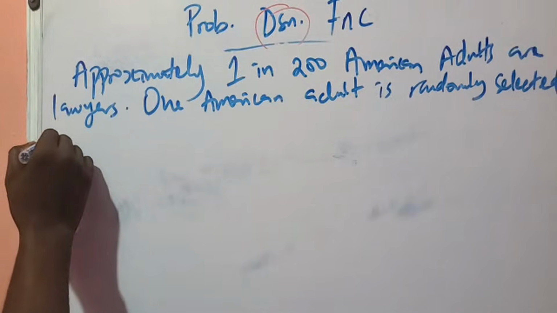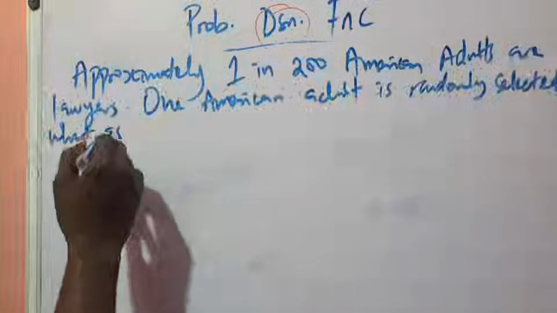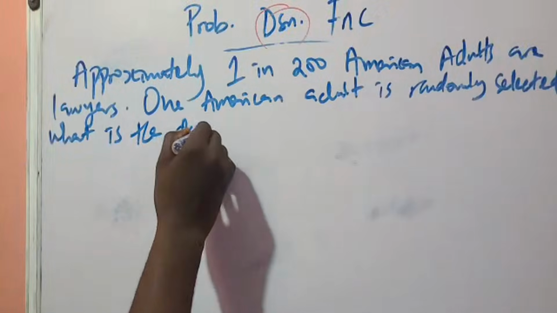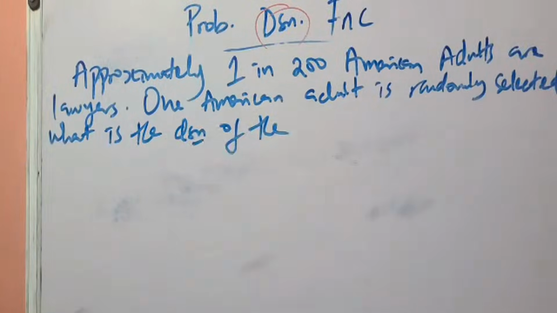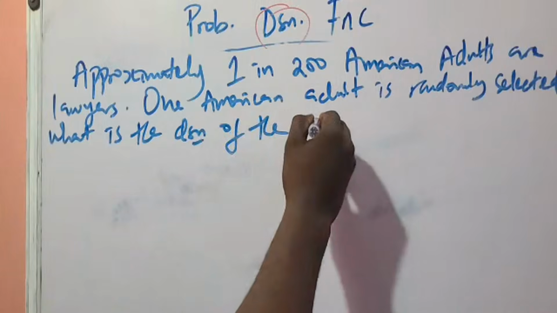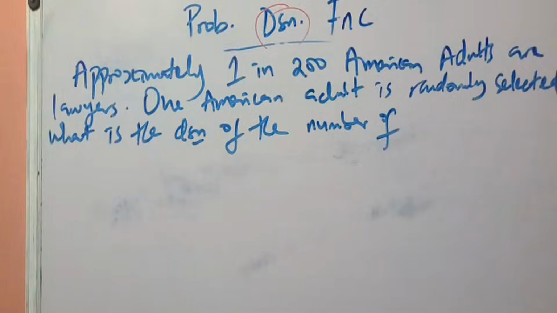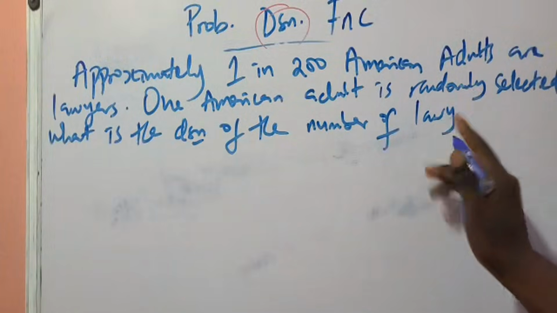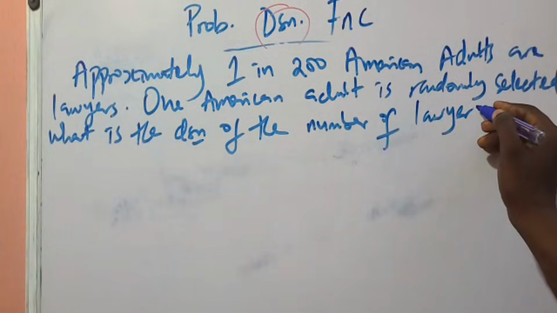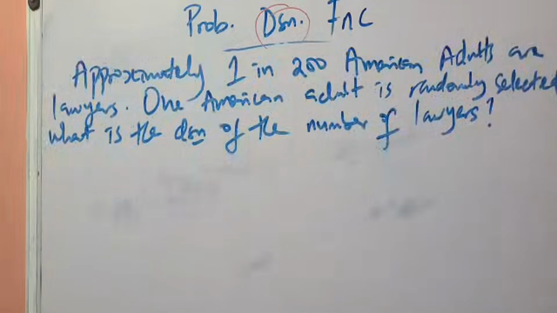So the question is similar to what we had in the last one. Can anybody give me the answer to this in like 1 minute, because it's very similar to what we just did. The question said approximately 1 in 200 American adults are lawyers. One American adult is randomly selected. What is the distribution of the number of lawyers?